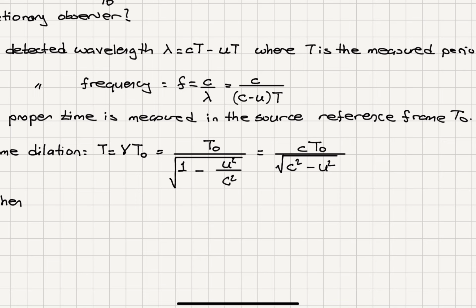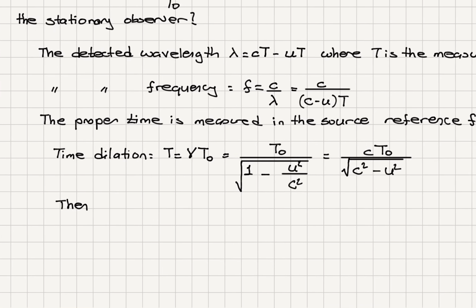Now, what is the detected frequency? The detected frequency is c over (c minus u) times T. So it is c over (c minus u), and I have 1 over T here. So 1 over T is going to be the square root of c squared minus u squared, which can be written as (c minus u) times (c plus u) inside the square root, divided by c times T0.